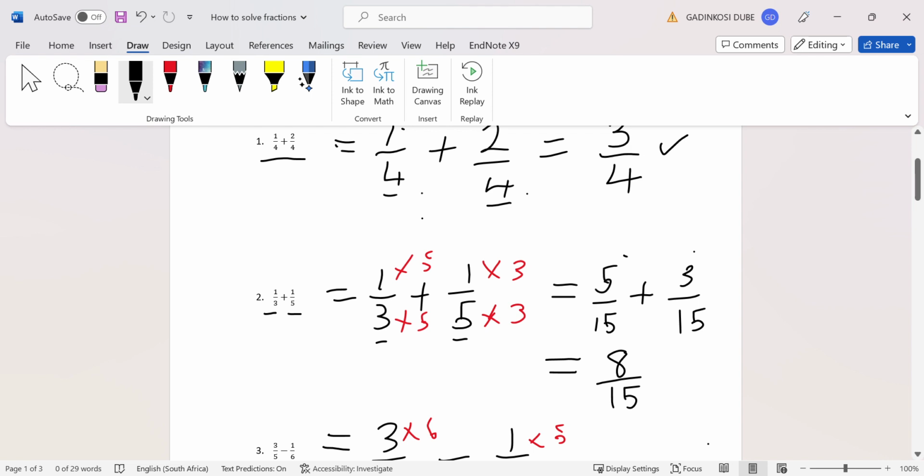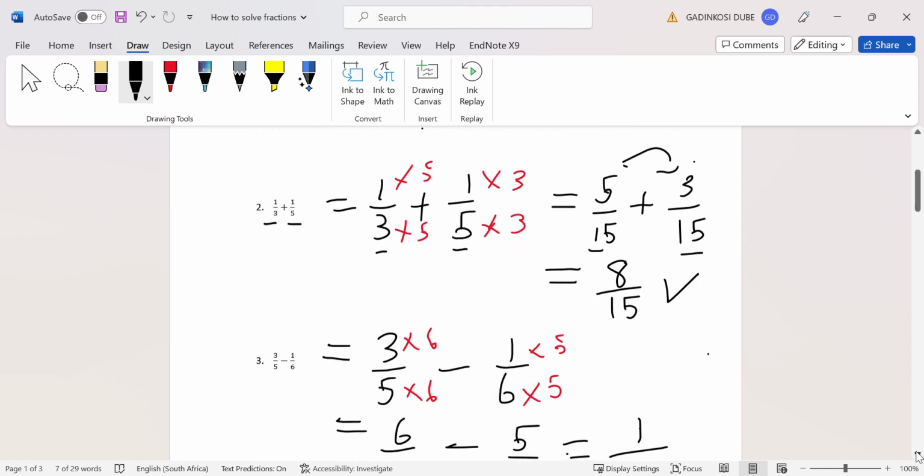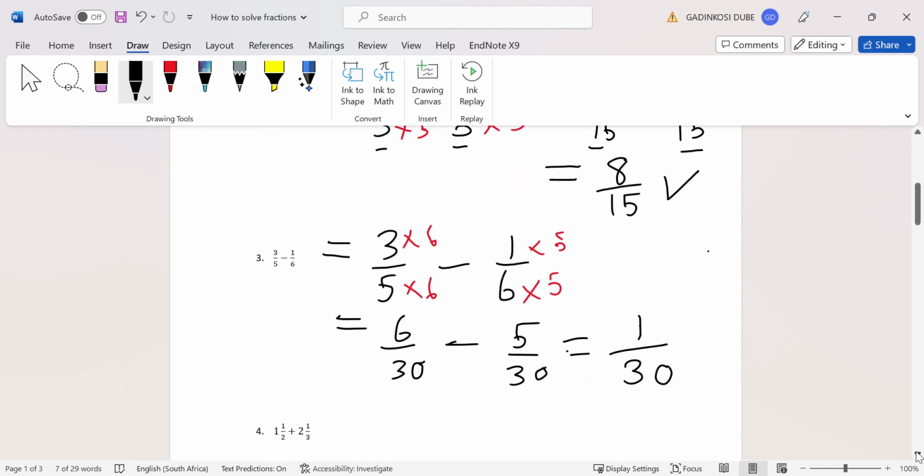In this case it's 15, so you use those factors and multiply out to convert it to 15, and then once it's the same you also add the numerators, okay, and get 8 over 15. And then thirdly, obviously even if it's subtraction, the same rule applies. You're able to get the common multiple of 30, and then you get the difference of the numerators. 18 over 30 subtract 5 over 30, and then you've got 13 over 30.